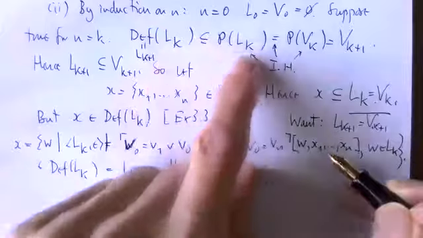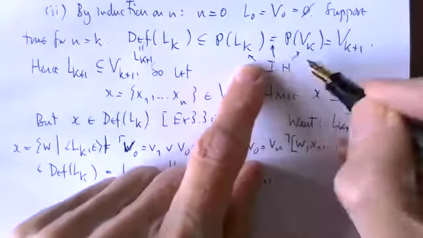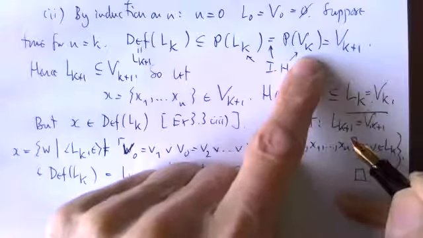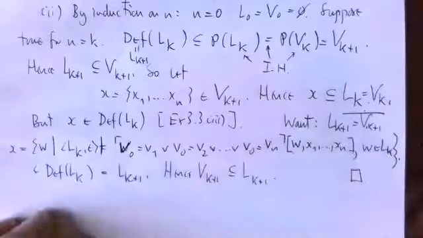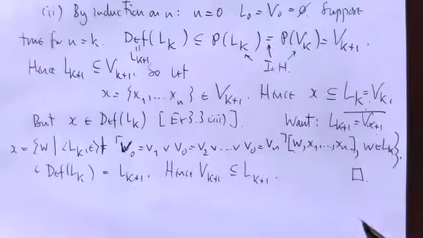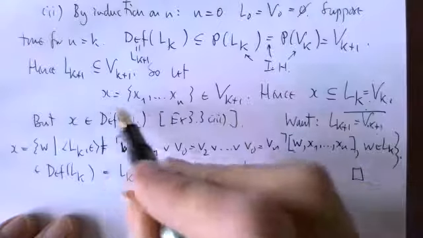So this is contained in here. And this is where the inductive hypothesis is used, because we assume we already know Lk equals Vk. So by definition, that's Vk plus 1.